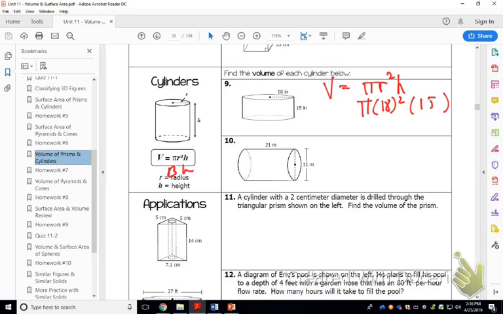A little higher than that. 15,000. There you go. You should get 15,268.14 inches cubed.